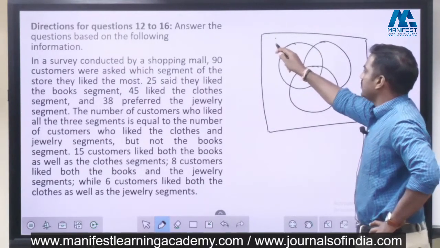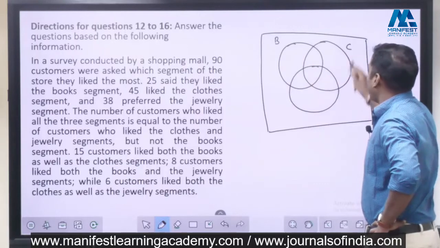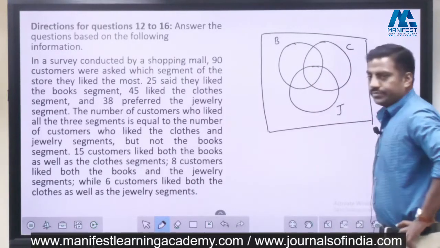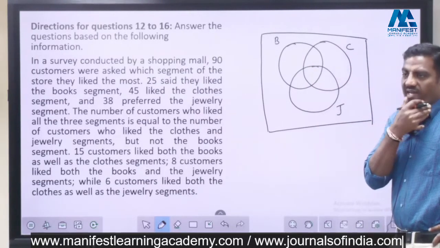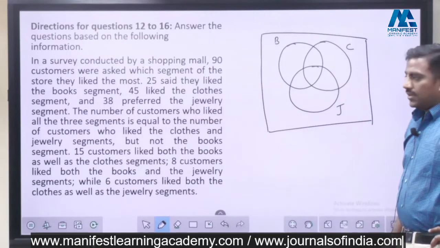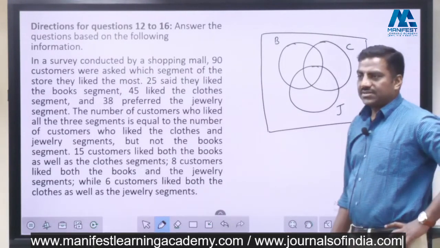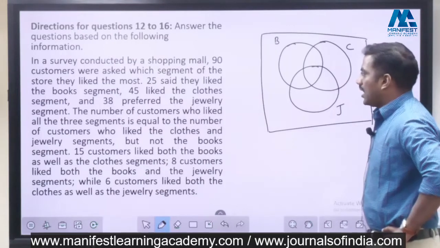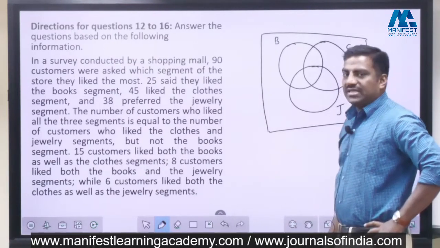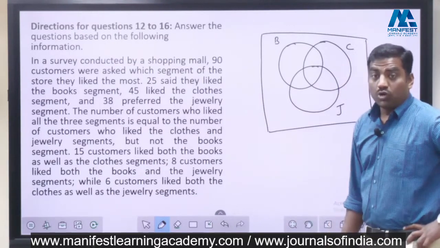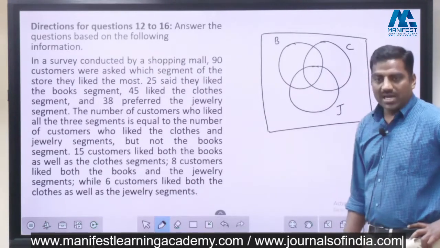So books, clothes and jewelry: 3 entities, 8 sectors. Now, I can't mark this 25, 45 and 38 because they have not given only. If they had given only, I would have marked.